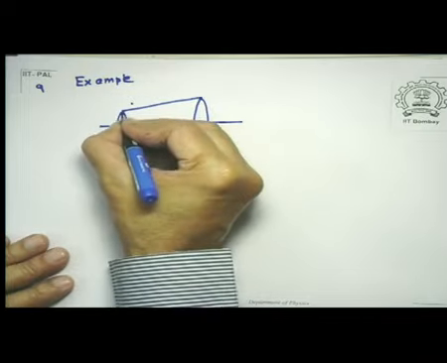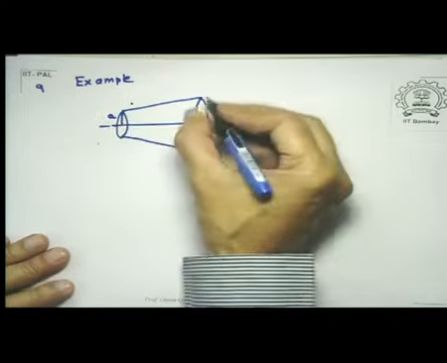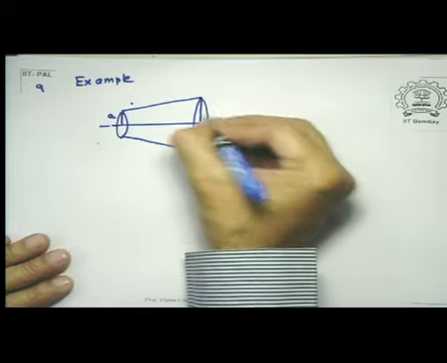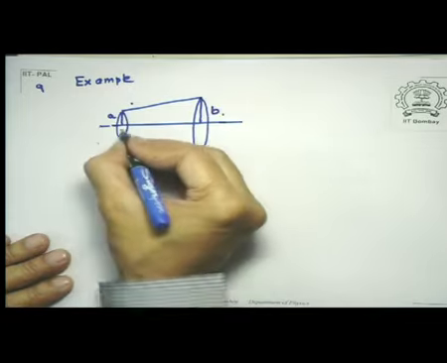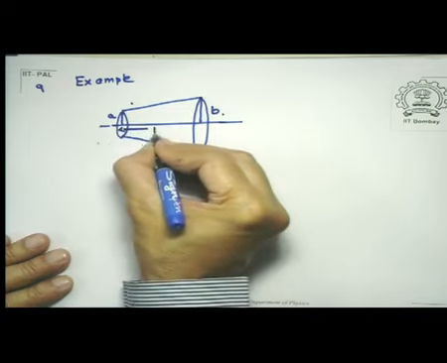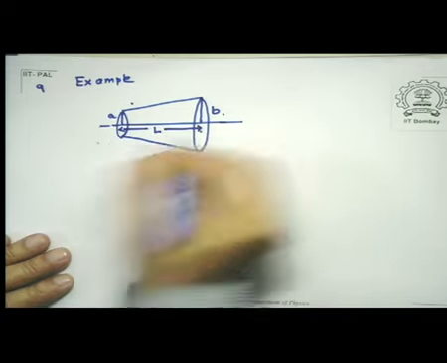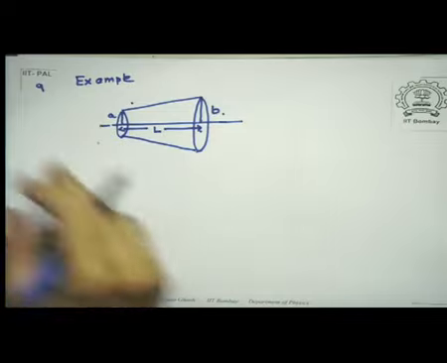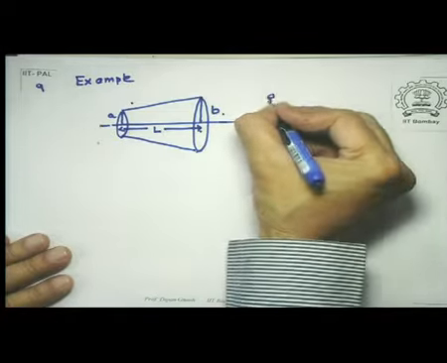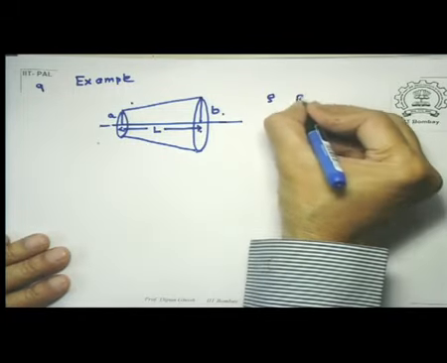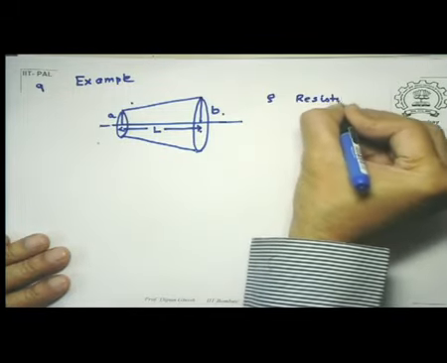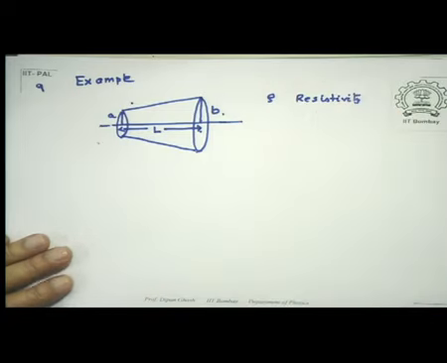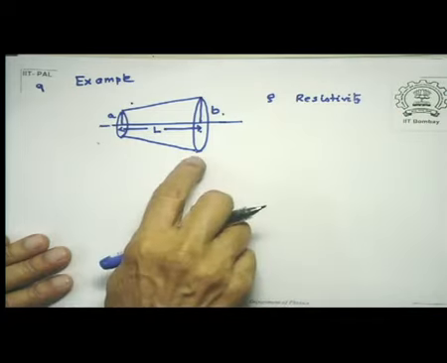This section has a radius A and this section has a radius B, and let us suppose that the length here is L. Now, supposing the material has a resistivity rho, how do I find out what is the resistance of such a sample?